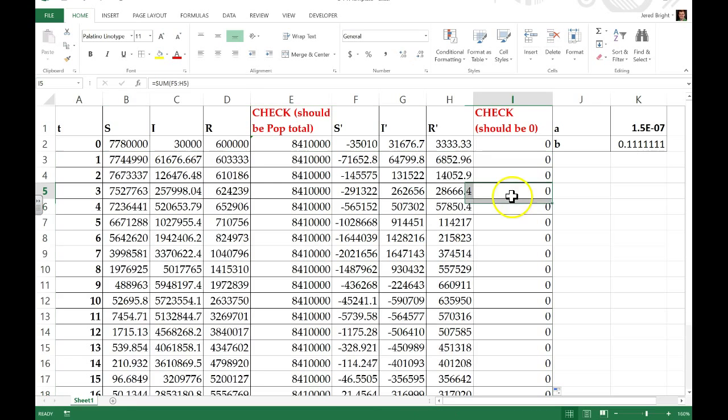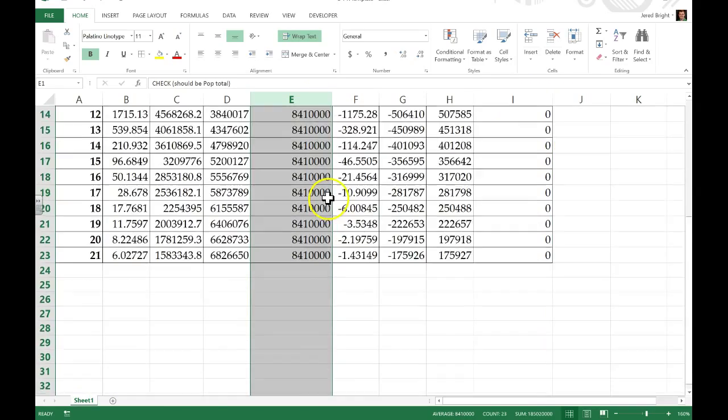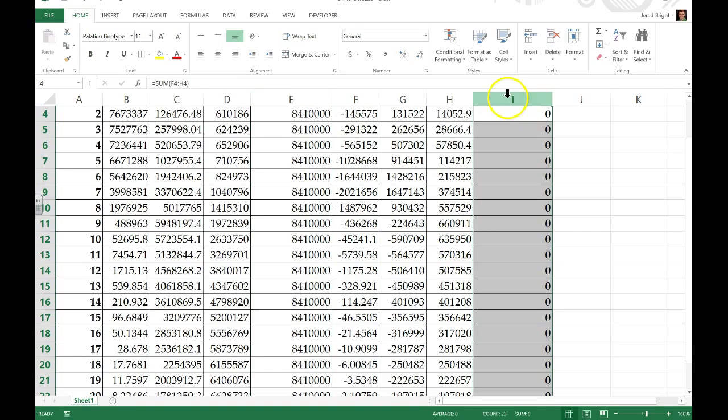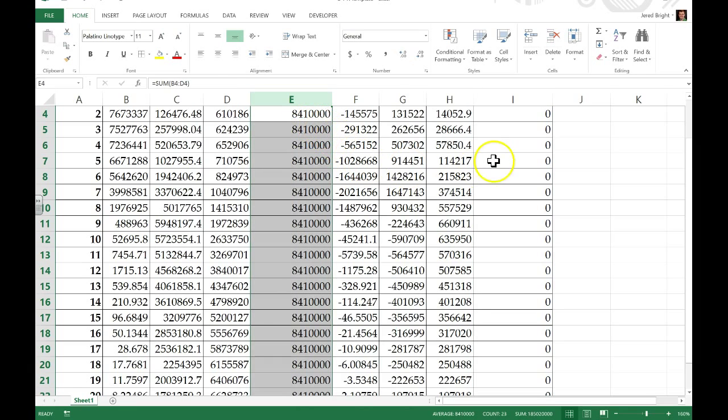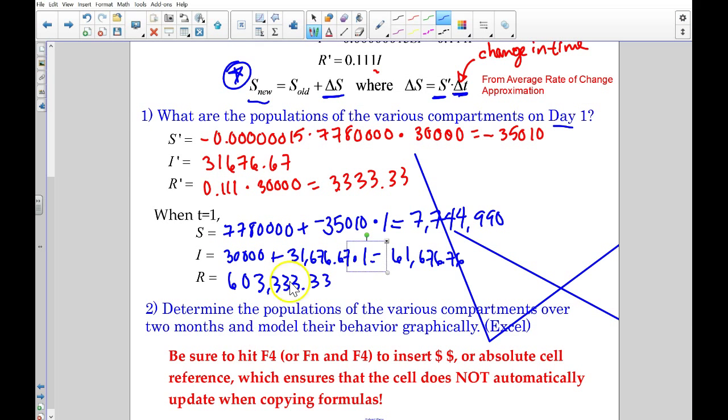Okay, so this whole column, column I and column E, those values should stay constant. If you are getting something where it is not constant, so if I is not 0 or if E is not your population value, then you should redo your formulas and double check your formulas. Okay, so with this, now we can continue the analysis.